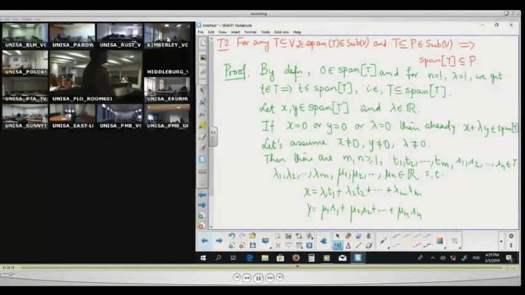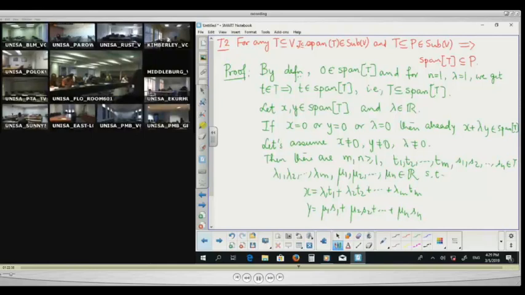This was a scalar combination of n things, this was a scalar combination of n things, so x plus lambda y becomes a scalar combination of n plus n things of members of T.